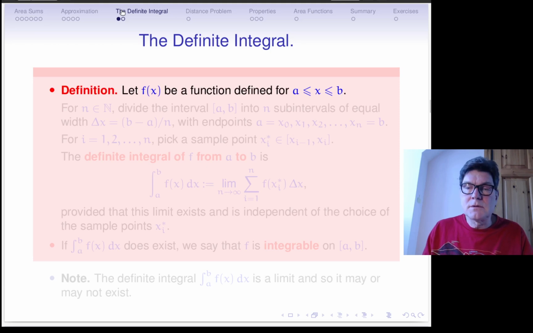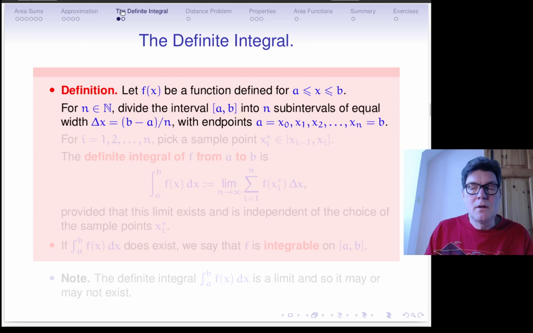So we have a function f of x, which is defined over the interval from a to b, defined for all values of x between a and b. For any natural number n, we can subdivide this interval from a to b into n smaller intervals of equal width, which would be b minus a over n.